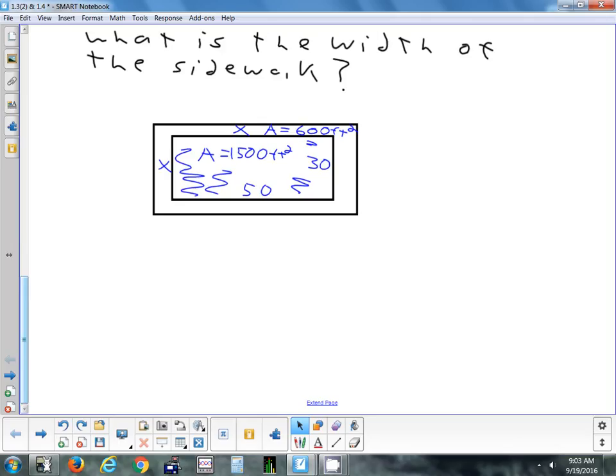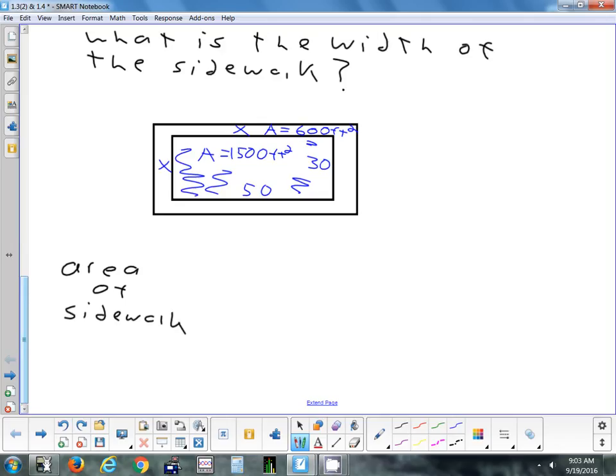Subtract the small rectangle area from the big one. Yeah. So the area of the sidewalk, which I know, I can put a number in for that in a second, is going to be equal to the area of the big rectangle minus the area of the pool, or the small rectangle.